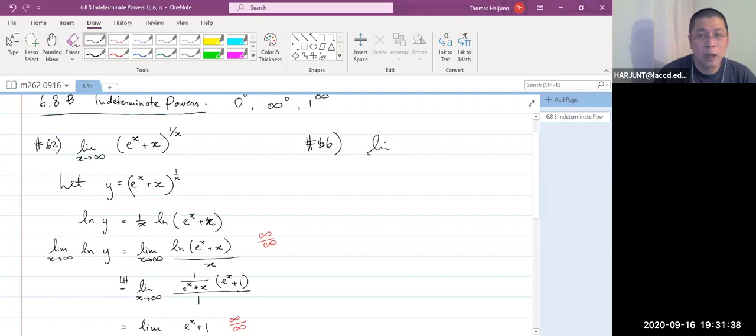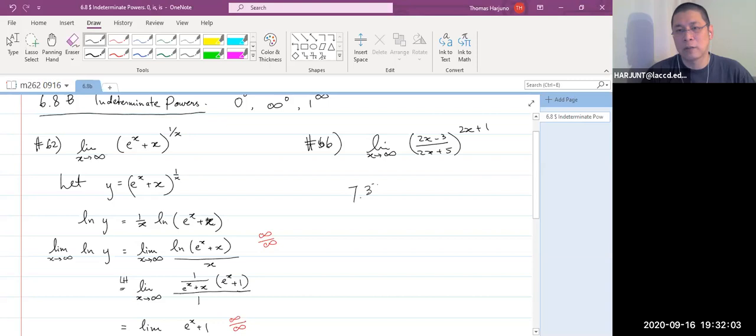Limit as x goes to infinity of (2x minus 3 over 2x plus 5) to the power of 2x plus 1. Okay, you do it. Let me give you 5 minutes from here. I don't think we can finish it in 5 minutes. Maybe not. But at least you get a big story already. So we come back at 7:37.